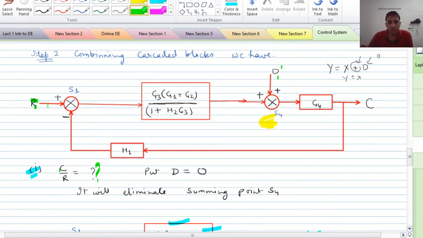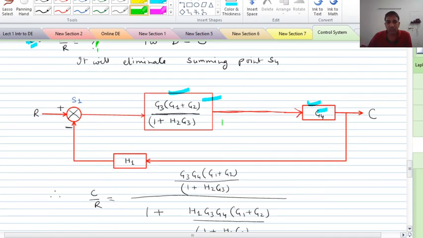Now when we put R equals 0, this S1 gets eliminated from the block diagram, and these two blocks will come in series. However, please note that eliminating S1 does not affect this minus 1, because this minus sign is to be moved inside at this position. Okay. So in this case it looks like this.